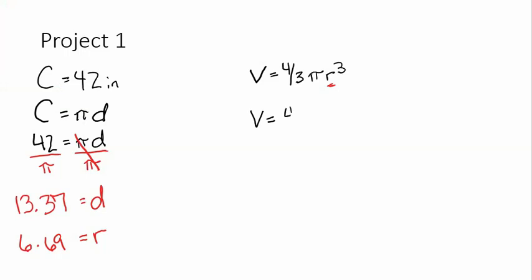So volume is going to equal 4/3 times pi, 3.1416, times the radius that we found, 6.69, cubed. So let's plug that into our calculators. Remember, you can do 4 ABC 3 in order to get the fraction, times 3.1416 times 6.69 cubed.